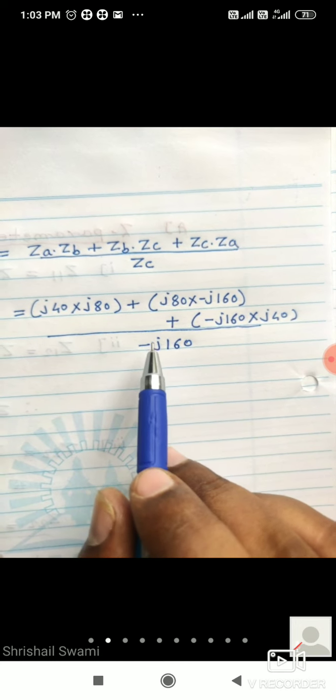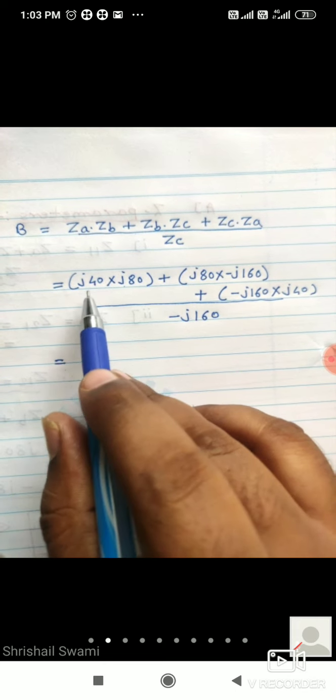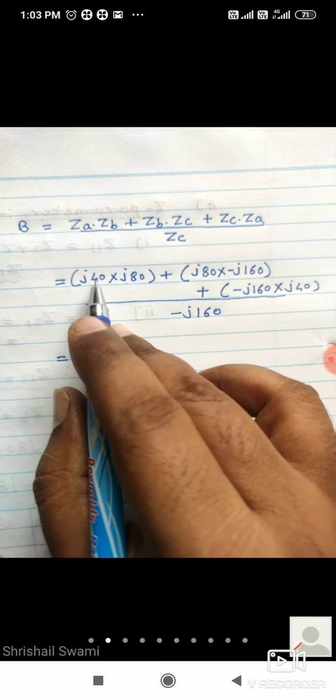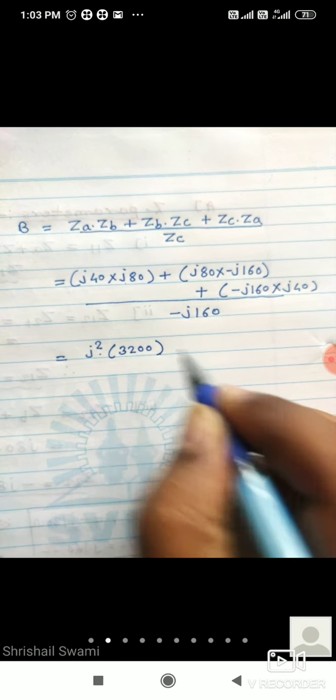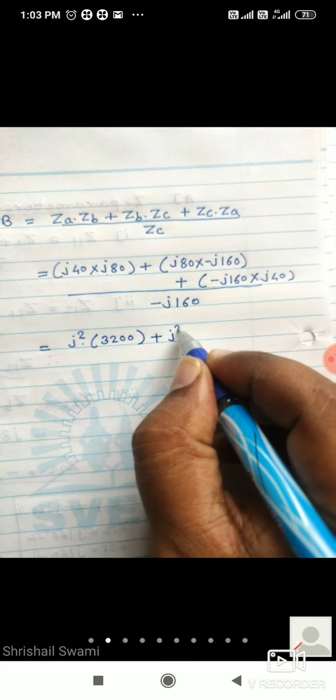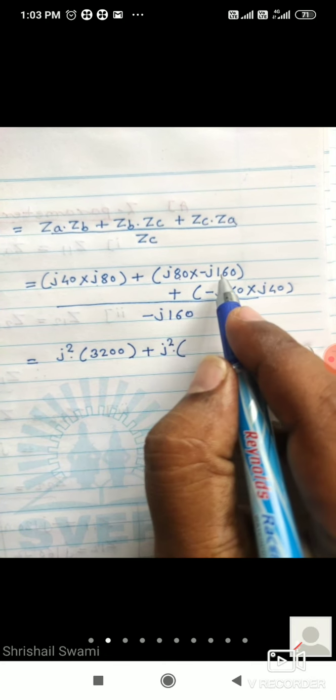Take carefully, you can solve this expression. J into J is always J square. So 40 into 80, that is 3200. Next again plus J square, and minus comes again, because it is 80 into minus 160.